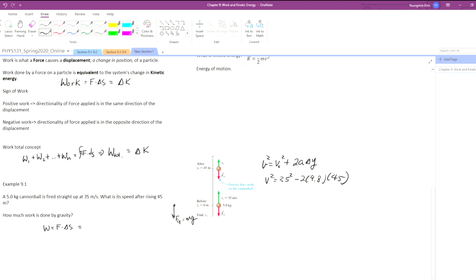In this case, the force is minus mg, calling the downward direction minus, and the displacement is positive, up direction, 45. So here it is minus 5 kilograms times 9.8 multiplied by 45 meters, and that will give you the work that is done by gravity on this particle. This is how we calculate the work done by gravity.